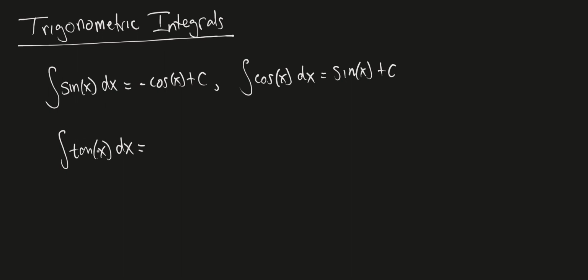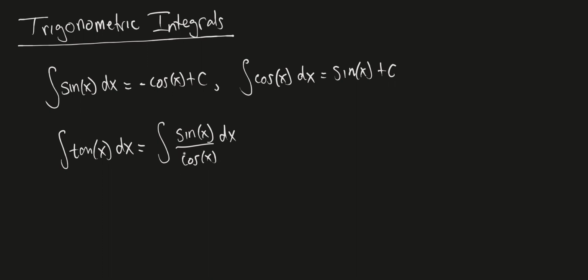Tangent can be written as the sine of x divided by cosine of x. So I could do that, dx. And whenever we have a certain type of fraction that we can't reverse quite easily, we ask ourselves, can I use some kind of substitution?